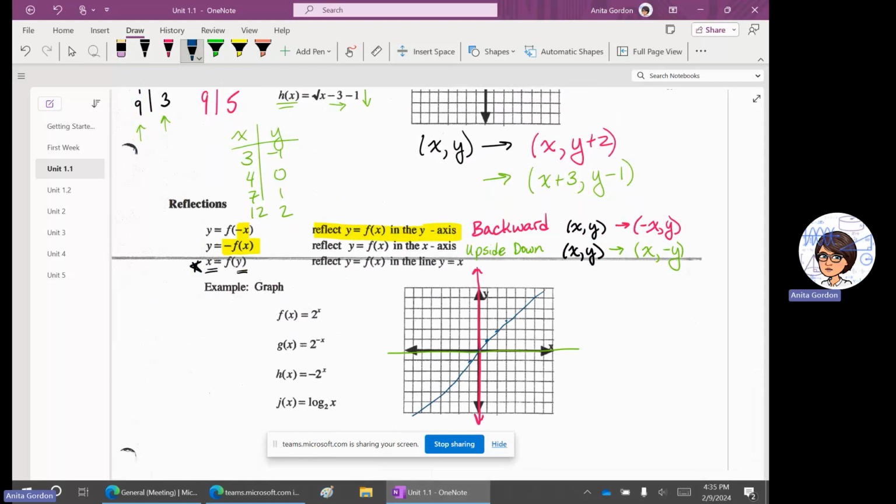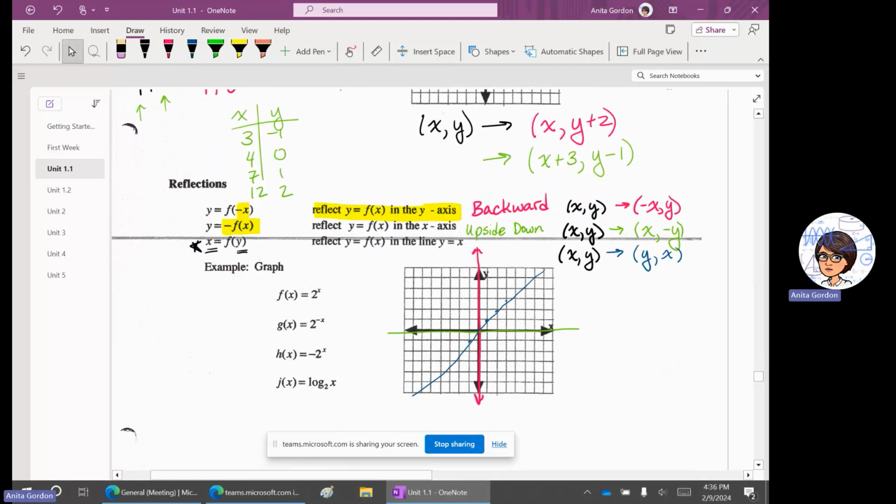So you want to fold your graph paper in half on that blue diagonal that I just drew. Okay, so now I'm taking my original coordinates x, y, and I'm transforming them to y, x. So whatever numbers I had in x, y, I'm flipping the order when I do the inverse.